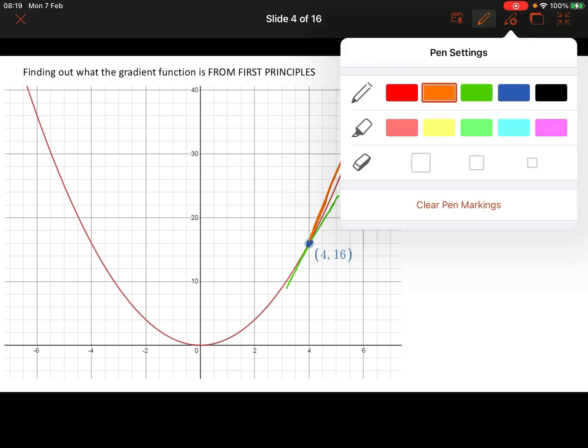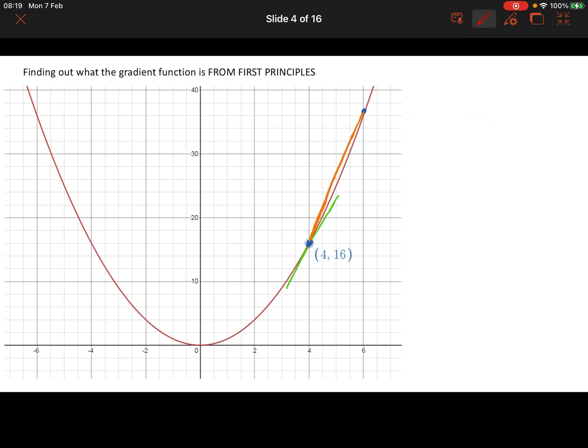Well, let's just say that this is my x value, and the x value of the point I've picked over here is some amount further away. So I'm just going to call it x plus h, okay? It's at 6, but I didn't have to pick 6. I could have picked anywhere I like. So the x value of the point is 4, and then I'm moving this point some amount away from the original point. So that distance we're going to call h. So that distance is h.